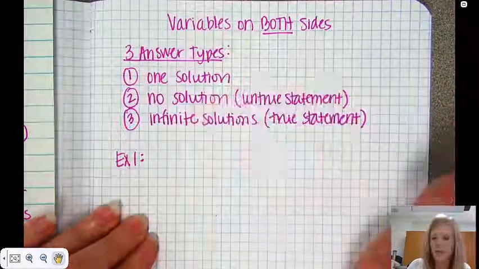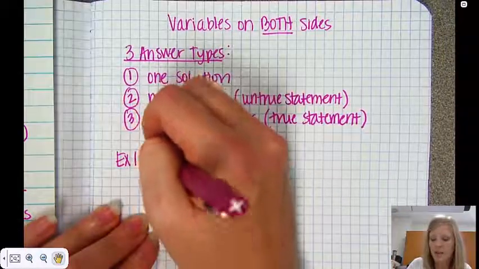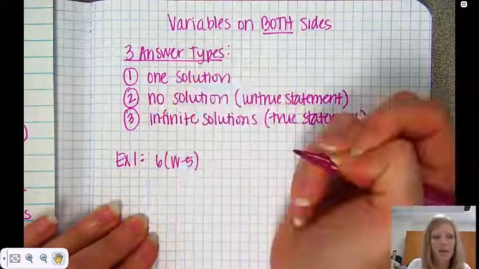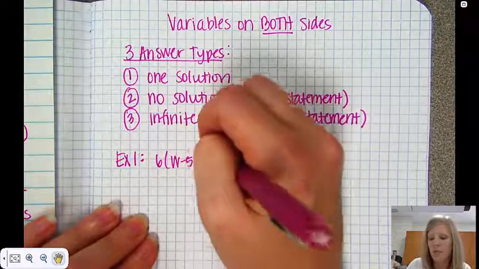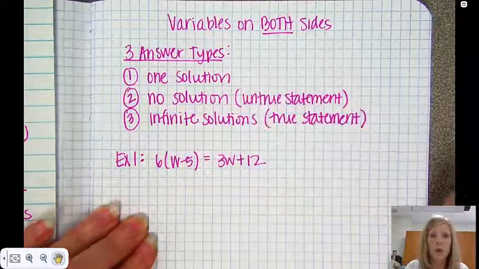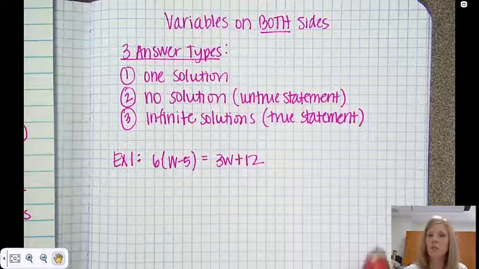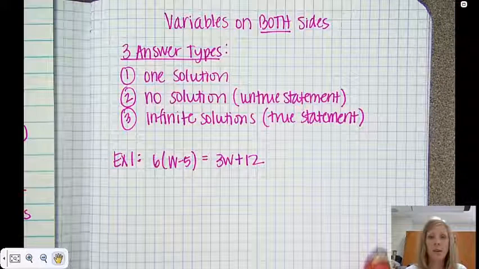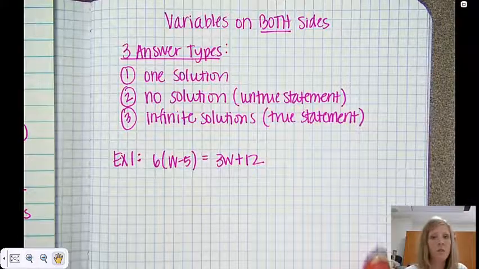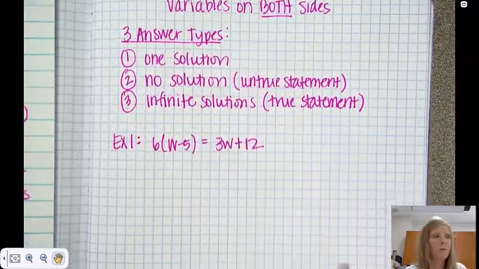I want our example 1 to be 6 times (w minus 5) is equal to 3w plus 12. Now, think back to our solving equations flowchart that we've been using this past week. We are going to be going through those steps again.